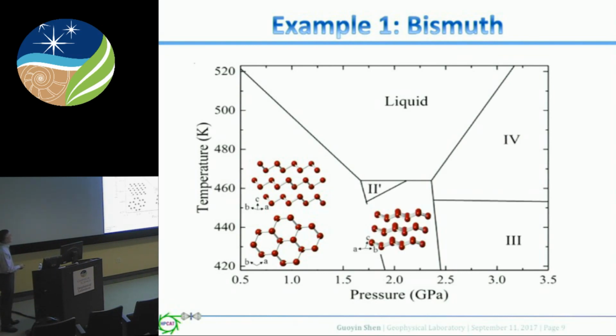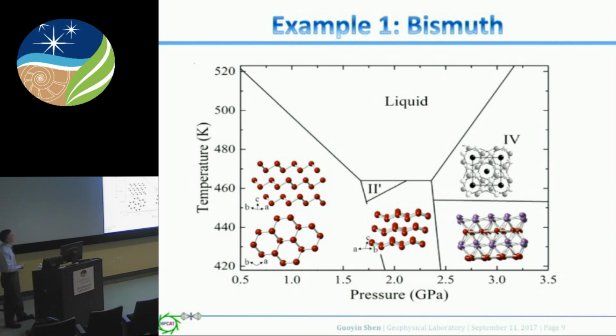Then as we increase pressure, it becomes more compact, with about a 5% volume collapse. But it's still a layered structure for bismuth II. And bismuth III is a guest-host type of structure, an incommensurate structure, complicated and very dense. Bismuth IV is C2/c with 60 atoms, also a compact, dense and complicated structure. So from the structure point of view, it's quite an interesting system.